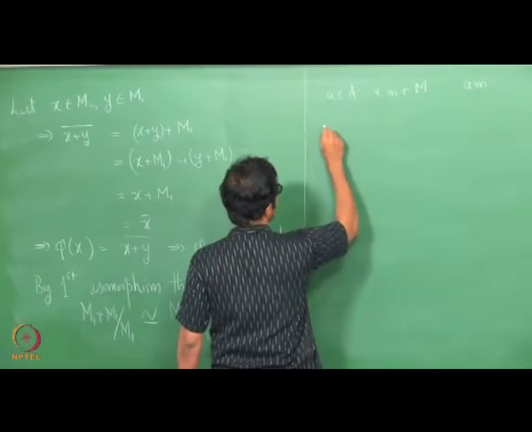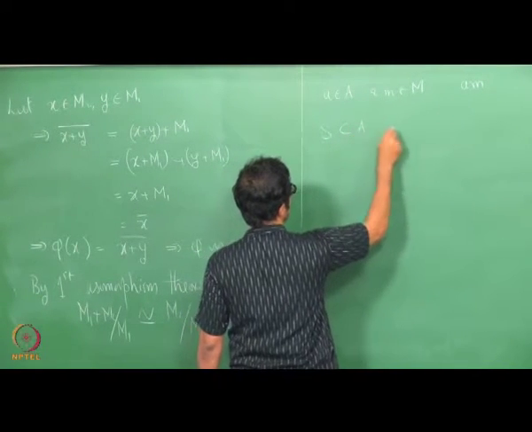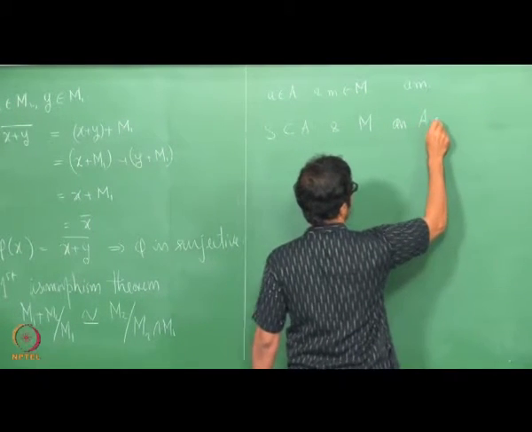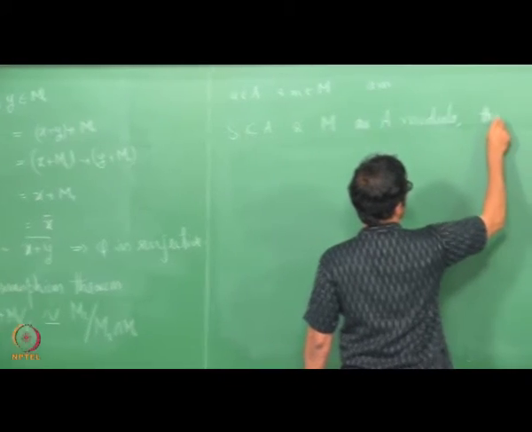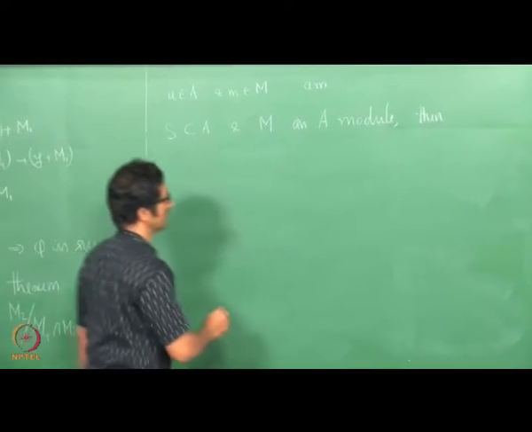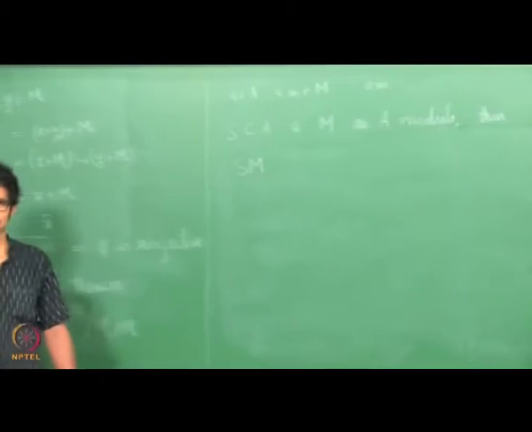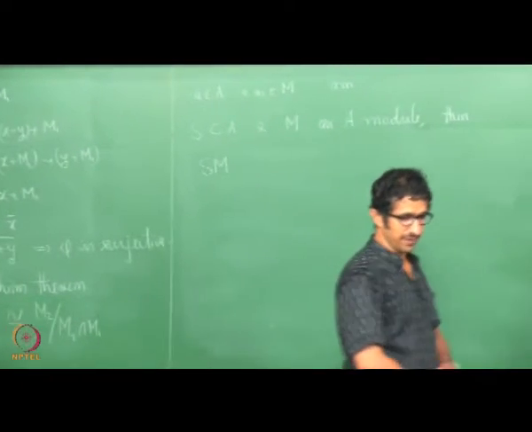If I take any set S, a subset of A, and M an A module, then one can talk about SM. But how would you define this to be?